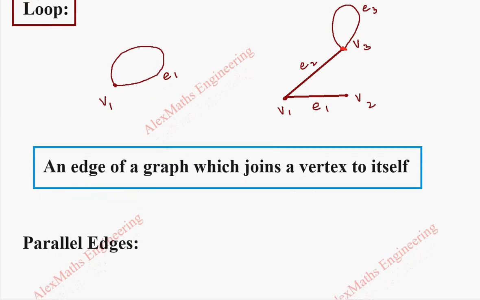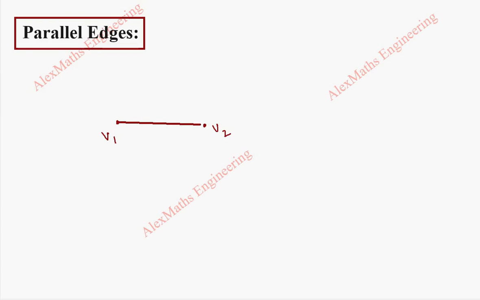Next we are going to discuss parallel edges. Parallel edges are nothing but edges which are connected to the same vertices. For example, if I have V1, V2, and this is connected with edge E1, and there is another edge connecting V1 and V2.